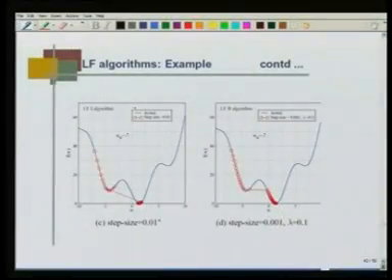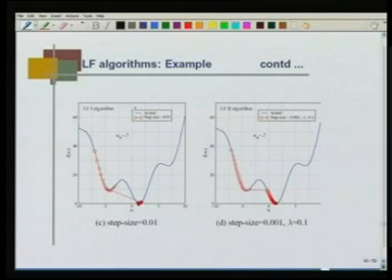So, if we go to their implementation on the same example, you would see that using the Lyapunov function 1 algorithm, it comes from this initial point, and here it oscillates for some time and then comes back and settles in the global minimum. And similarly, using Lyapunov function 2, we start from here, and again it jumps to here and reaches the global minimum.